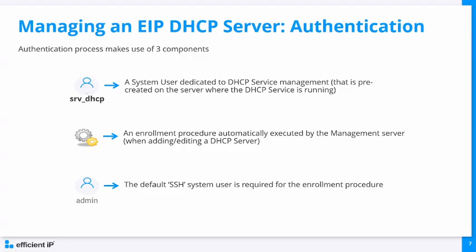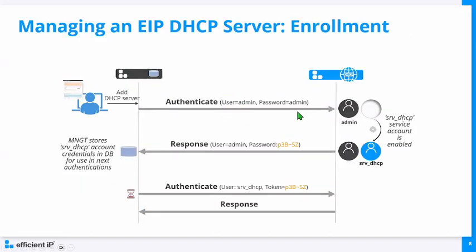Then after the enrollment, subsequently, it will use the service account to log in and manage the DHCP engine. That's why the diagram shows you here: when you add the DHCP server in the management server, the management server will authenticate to the remote DHCP server using the SSH admin account of the DHCP server.